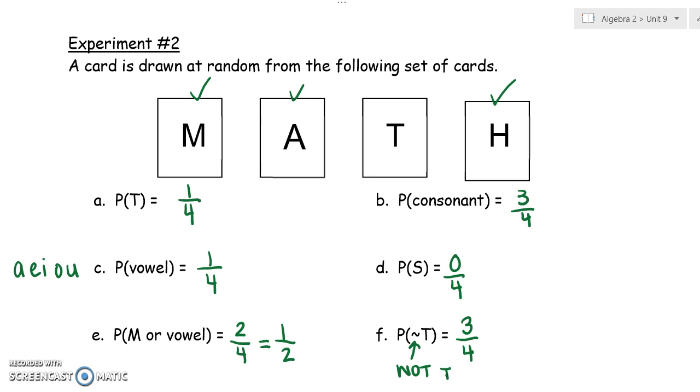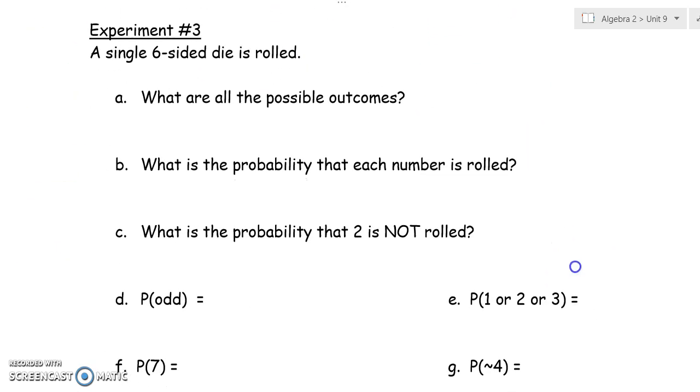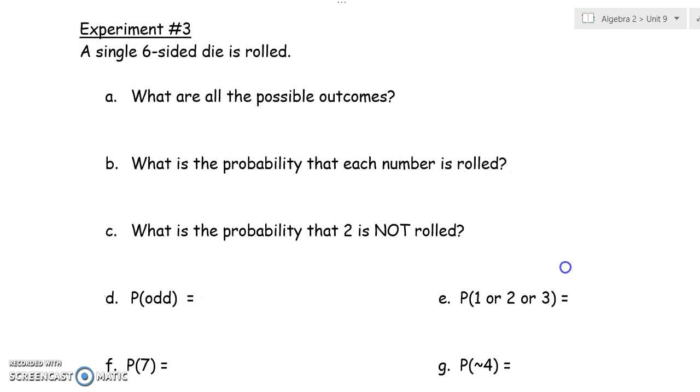Let's do this practice one more time with example 3. So now in example 3, they're saying we are rolling a 6-sided die. And here are some of the questions. What are all the possible outcomes? Remember that outcomes are all results. So I can land on 1 or 2 or 3 or 4 or 5 or 6.